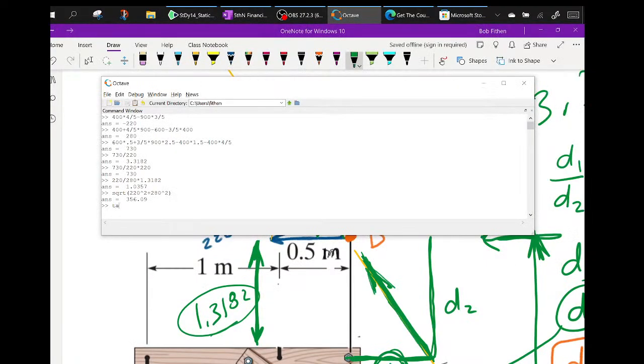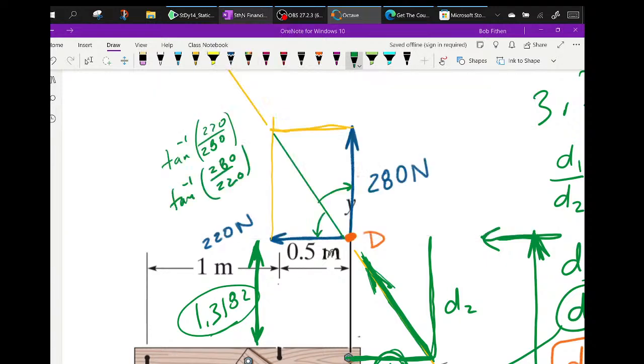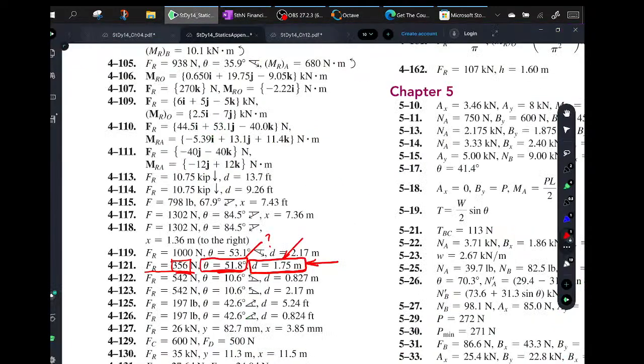Okay, arc tangent inverse of 220 over 280. There's your 38 and your 280 over 220. So there you go. 51.83. So, yep, okay, 51.83. We're good. So we got one of those. He didn't define which that angle was.